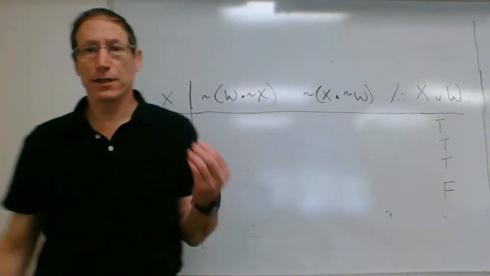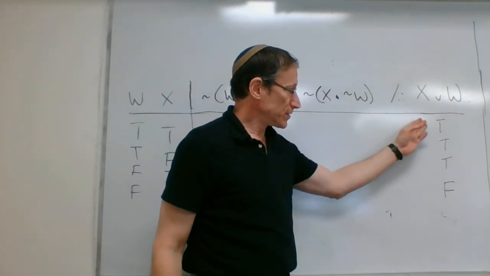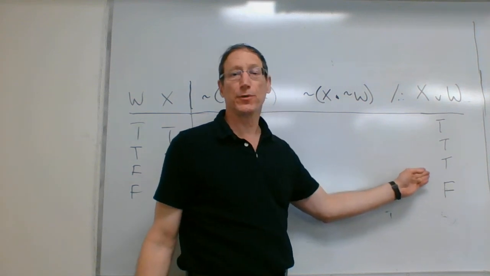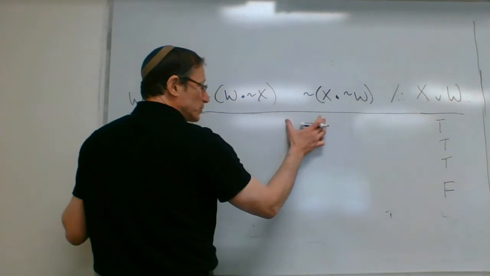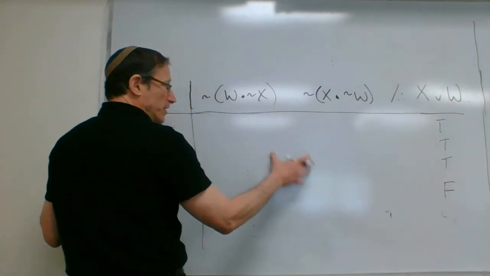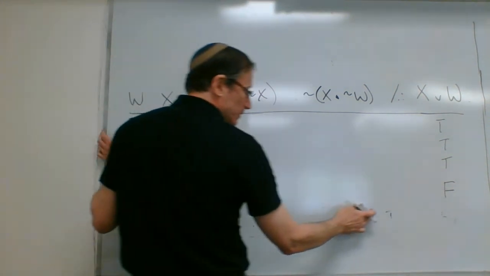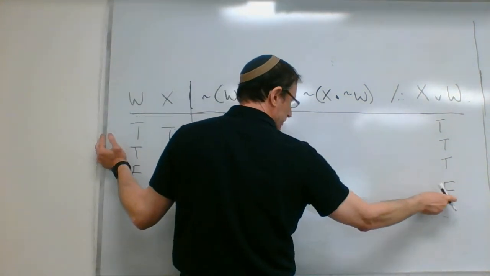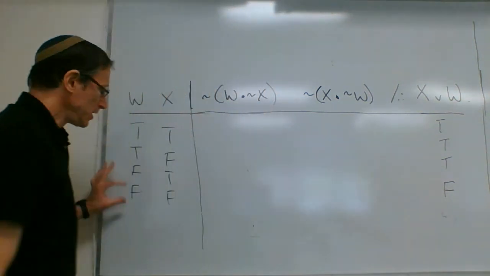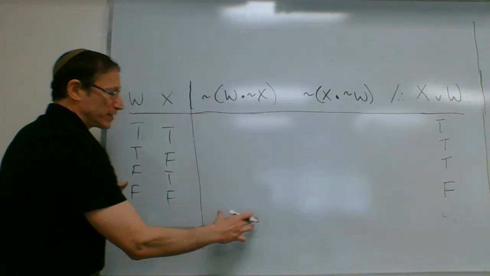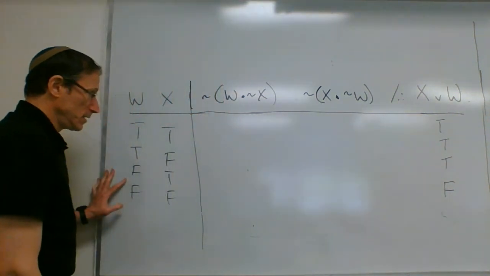So I automatically know that there's not going to be a counterexample in the top three rows. So therefore, I don't even need to compute the values of these two premises on the top three rows. The only possible place where there would be a counterexample is over here. So all I'm going to do is compute the value of the premises on the bottom row.